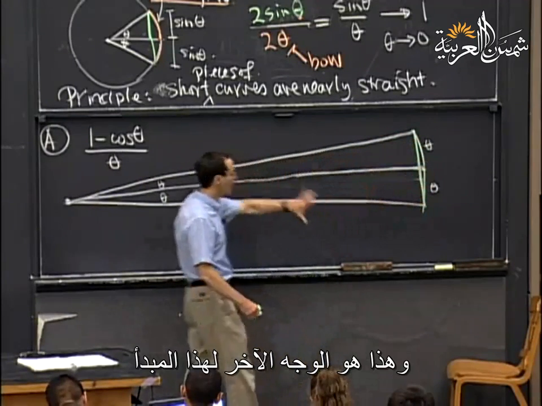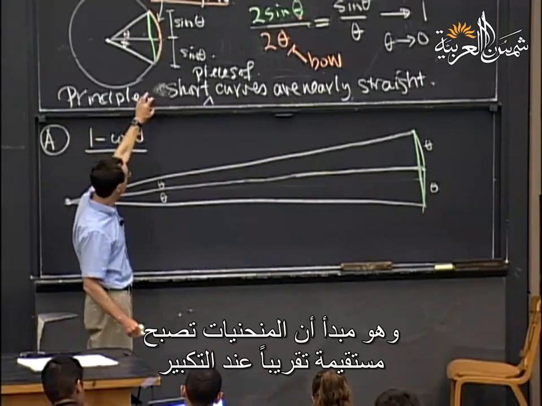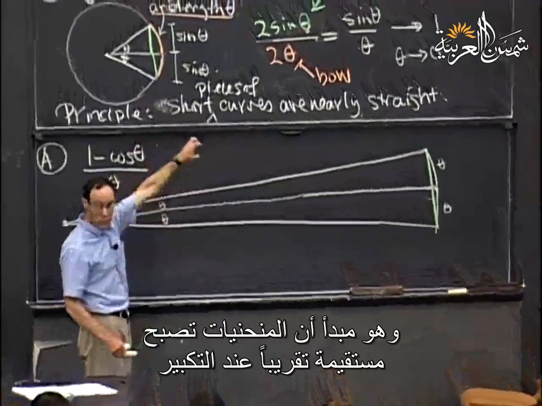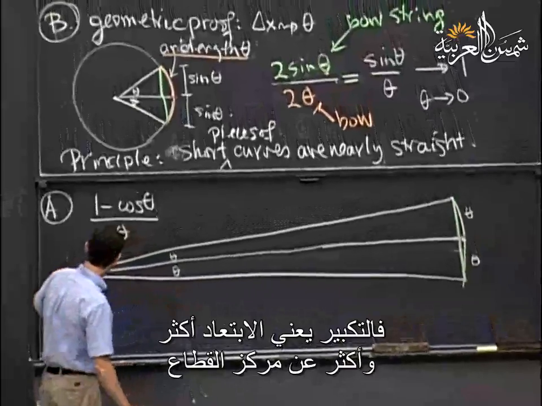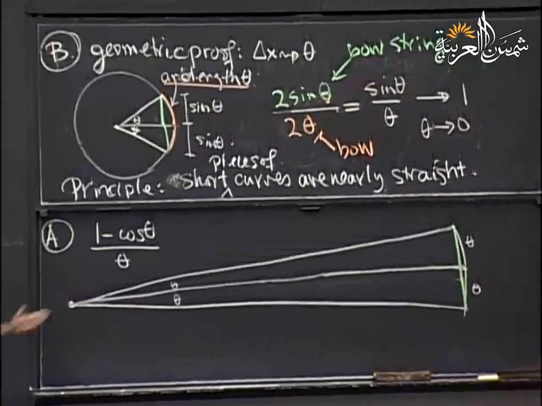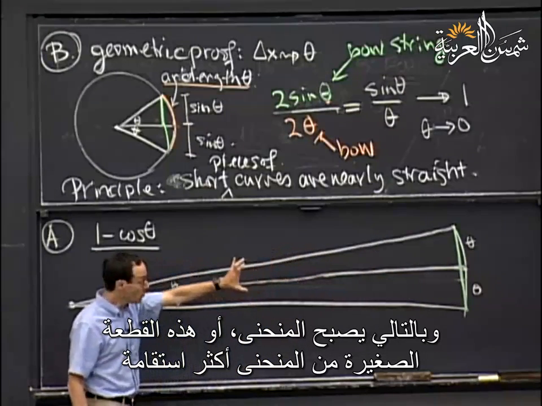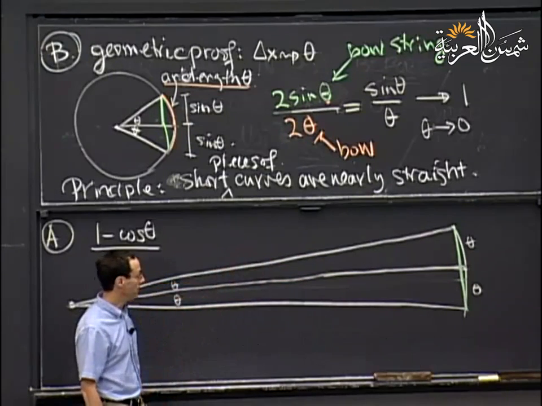That's sort of the flip side by expansion of the zoom-in principle, the principle that curves are nearly straight when you zoom in. If you zoom out, that would mean sending this vertex way, way out somewhere. The curved line, the piece of the circle, gets more and more straight.